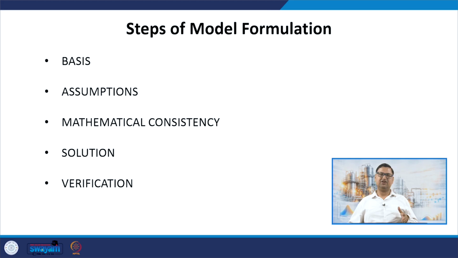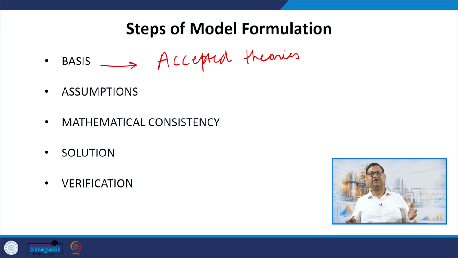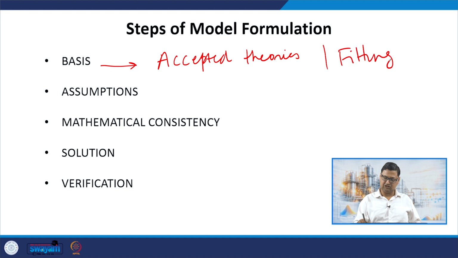The very first step is the basis, which, in the case of a fundamental model, is the accepted theories. In the case of empirical models, it is going to be whatever fitting I had done, right? And in the case of analogy models, it is going to be the physics of some other system that I am taking the analogy with, right?